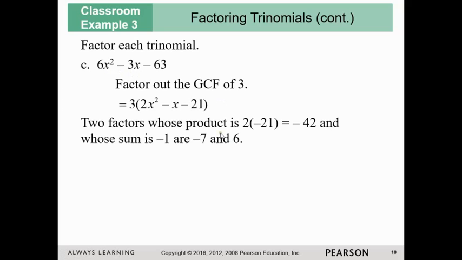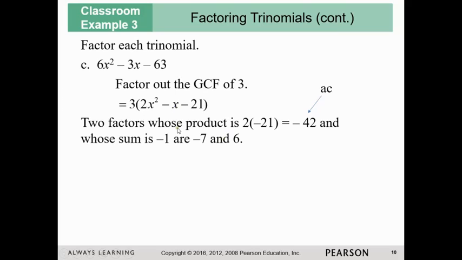So what we're looking at here, we're going to calculate AC by multiplying the first times the last. So 2 times negative 21 gets us negative 42. And so we're looking at factors of AC that sum up to the middle term.